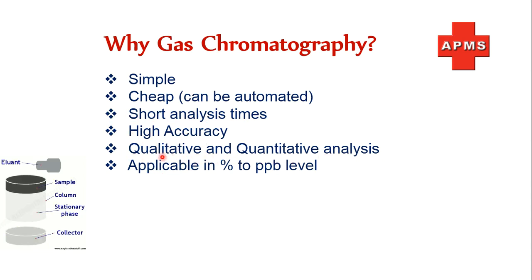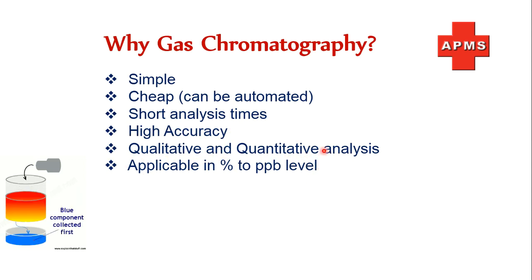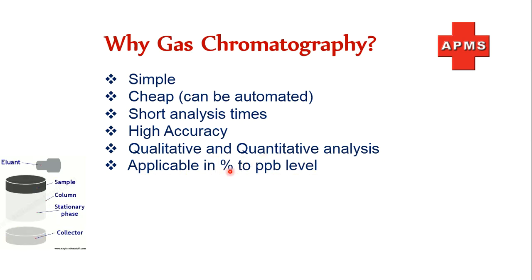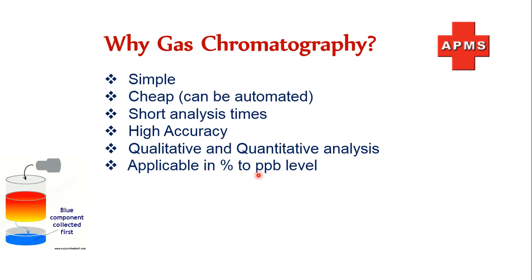In qualitative analysis we find the type of molecules and in quantitative analysis we determine the quantity or amount of those compounds or molecules which are present in our unknown sample. It is applicable from percent to ppb level, meaning we can find out the quantity of the compounds or components present in our sample in percentage as well as at the ppb level, meaning parts per billion level.